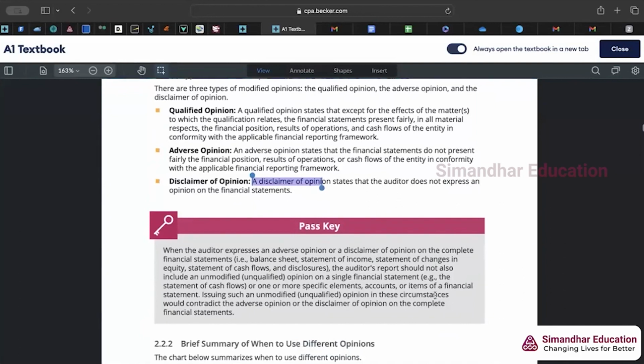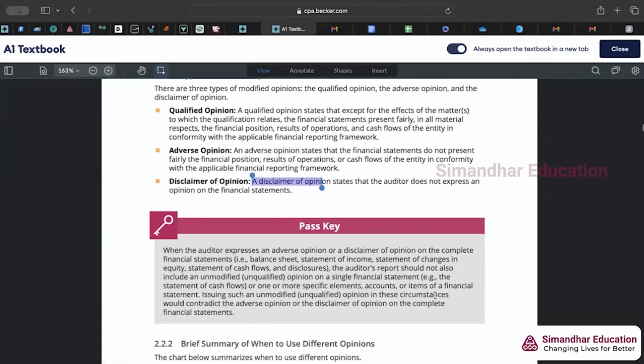Okay. Now, when you're giving an adverse opinion or a disclaimer of opinion on the financial statements, you cannot give a clean opinion, that is an unmodified or unqualified opinion, on single financial statements. You cannot say my complete set of financial statements are wrong and say there is a clean opinion on my statement of operations, on my cash flows.